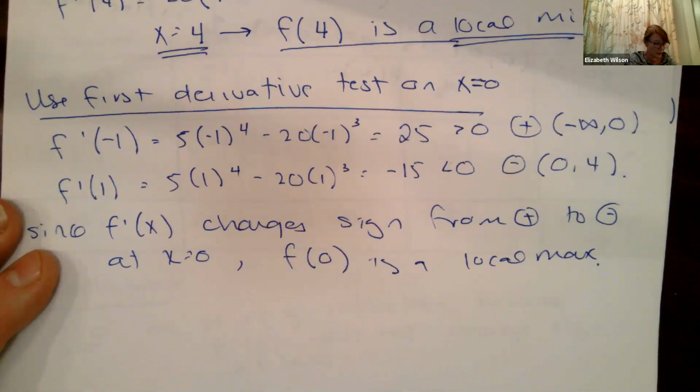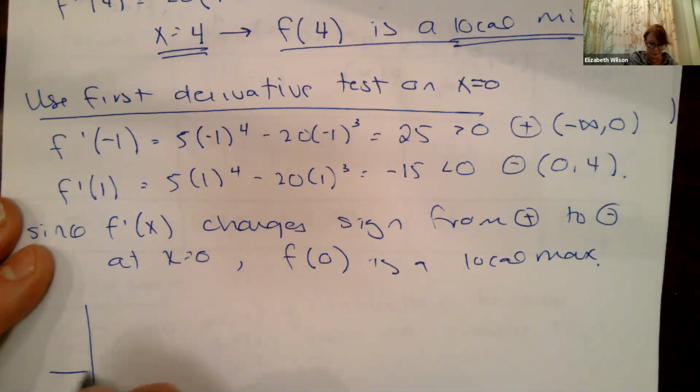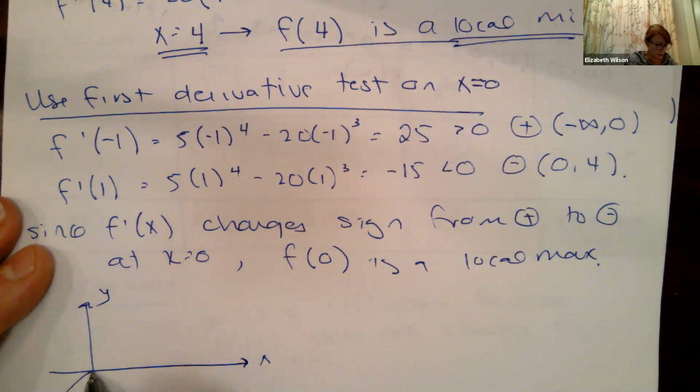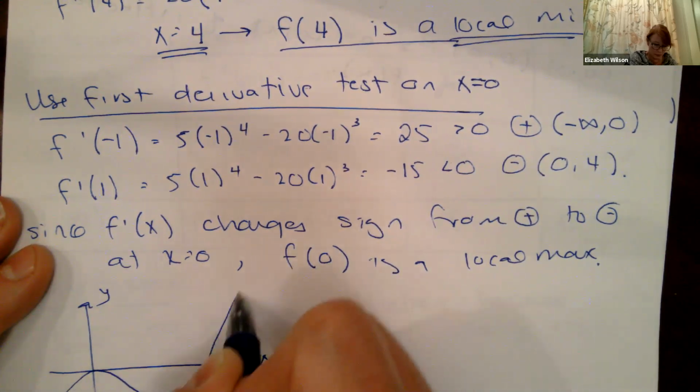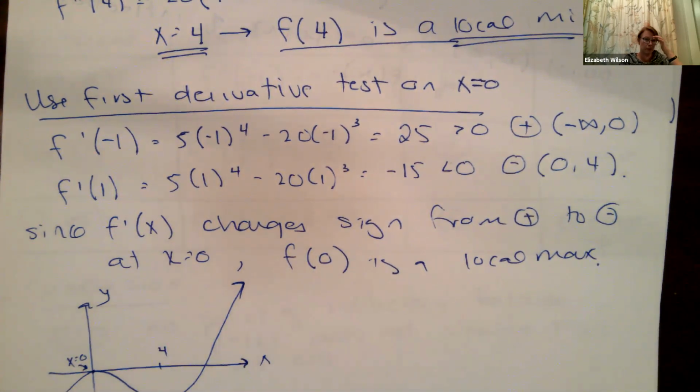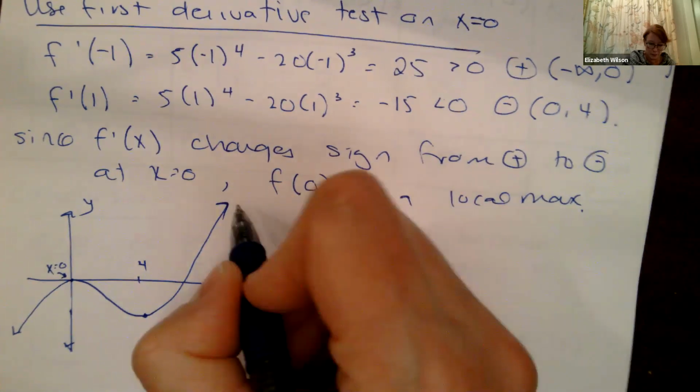And indeed, I can plot this out on my calculator. It's going to look something like this. This is my x equals 0 right there. This is x equals 4 right here. Oops, sorry, there. This is my function.